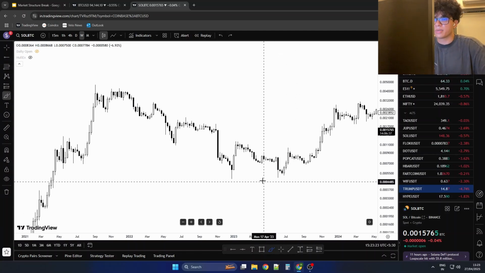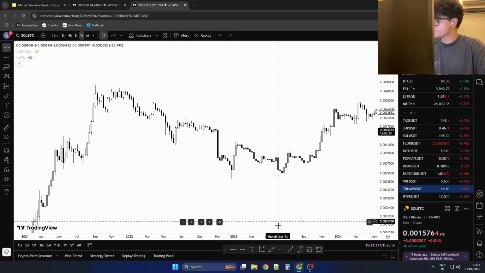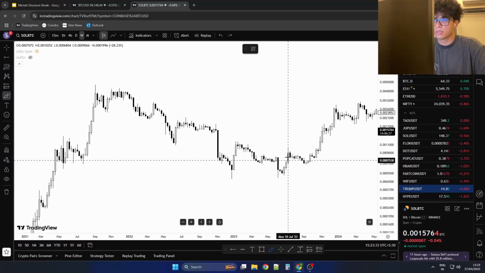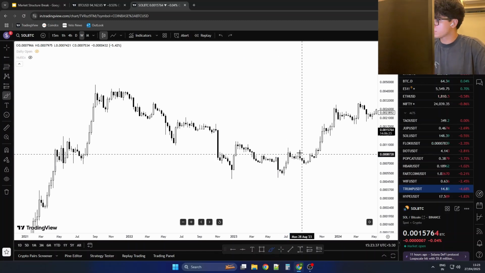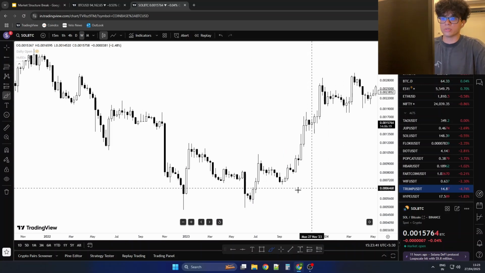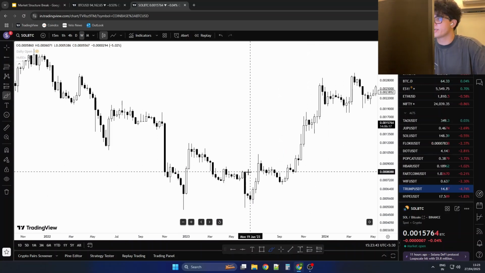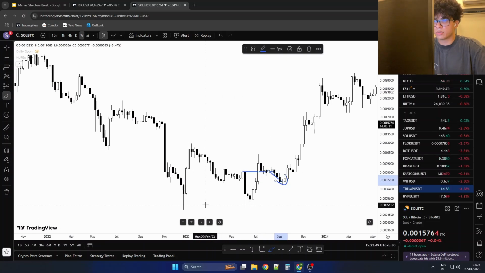Now, what price does is, see, it fails to form a lower low here, and it forms a higher high here, right? Then what you want to do is wait for a pullback to either retest this, or pull back deeper.